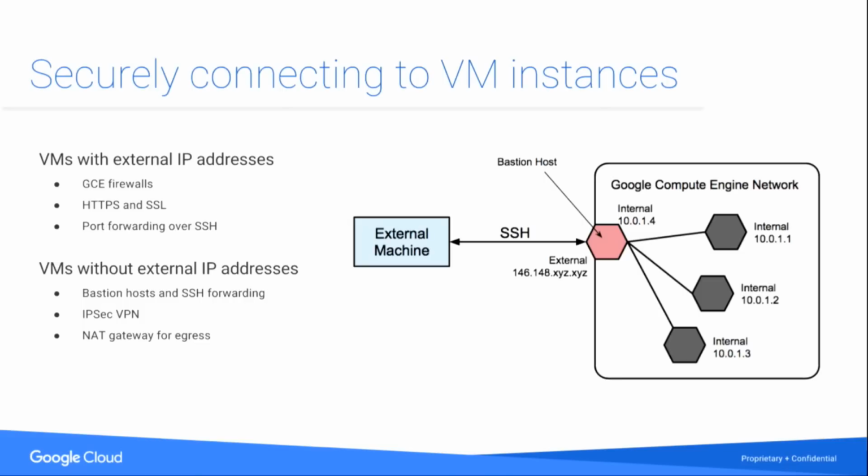For VMs without an external IP address, as you can see here on the right, the design pattern would be to use bastion hosts or a jump host, which you can connect externally to, and then SSH into other machines from that box, or set up SSH forwarding to other instances.